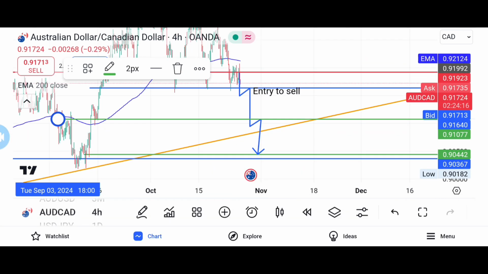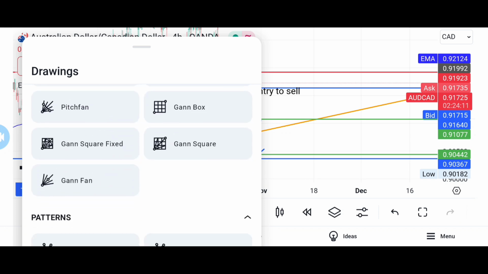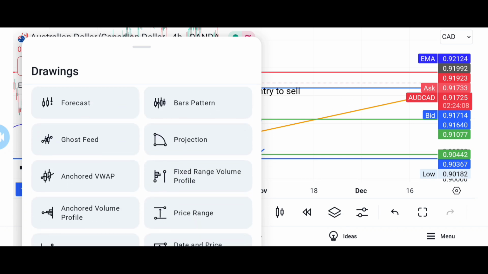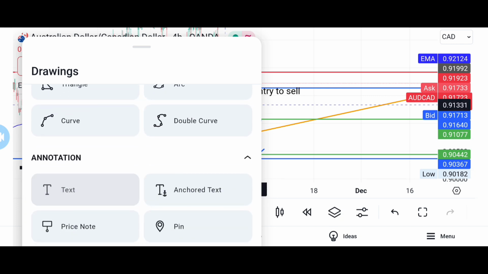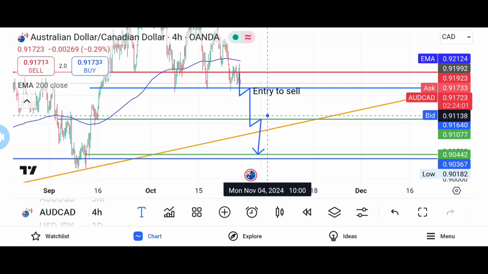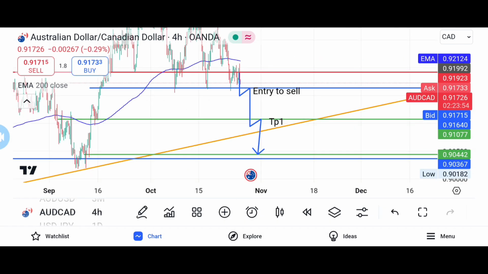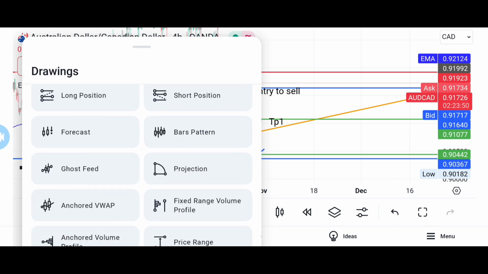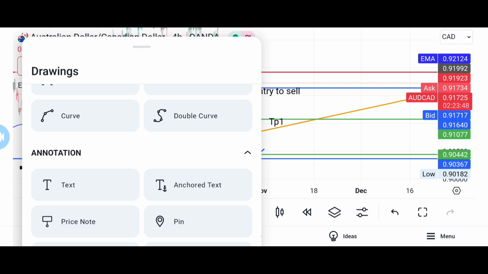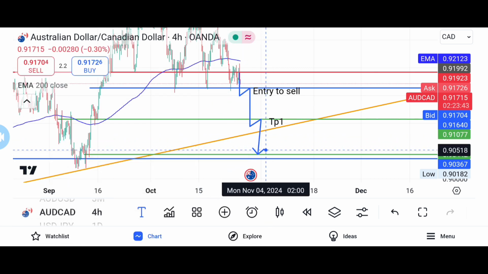And then TP1, and this is our TP2. Here it will be our TP2.